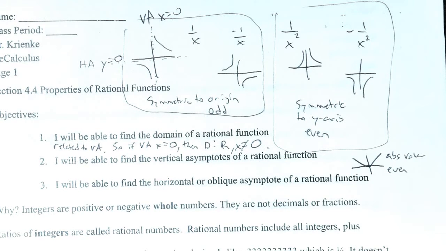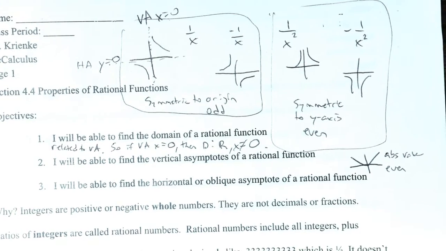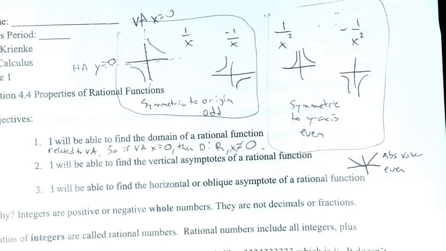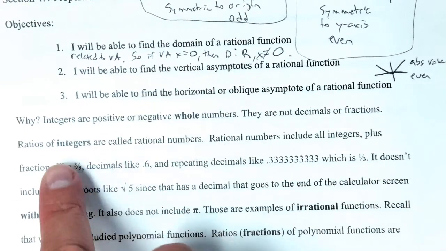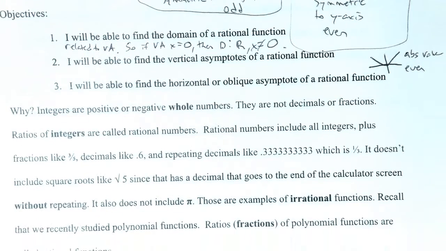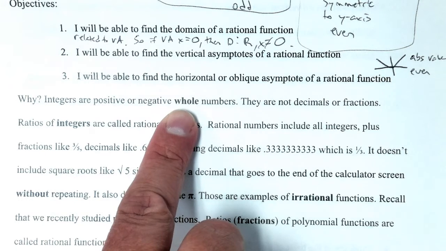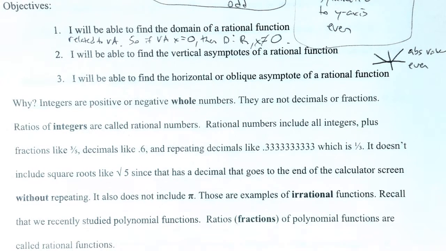Now, on what I'm using right now, these have your blanks in bold, like when we get to here. While we're studying this, integers are positive or negative whole numbers. So whole would be a blank on your paper. They're not decimals or fractions.